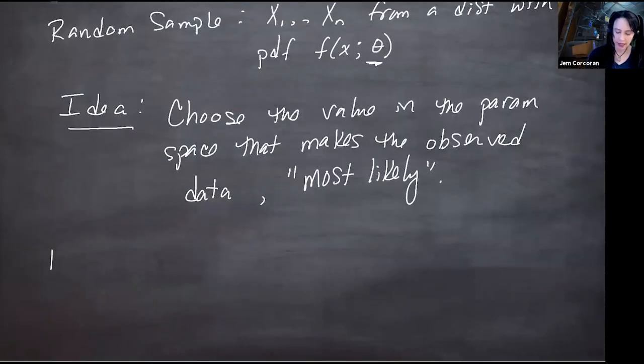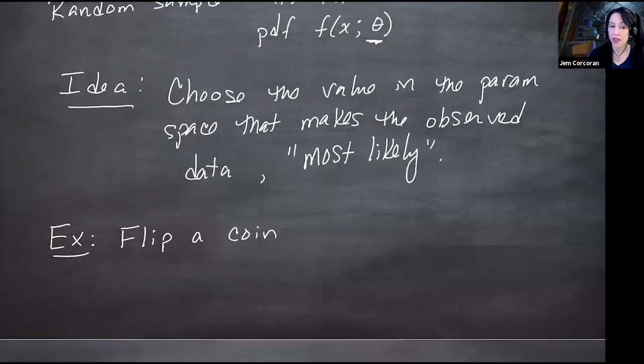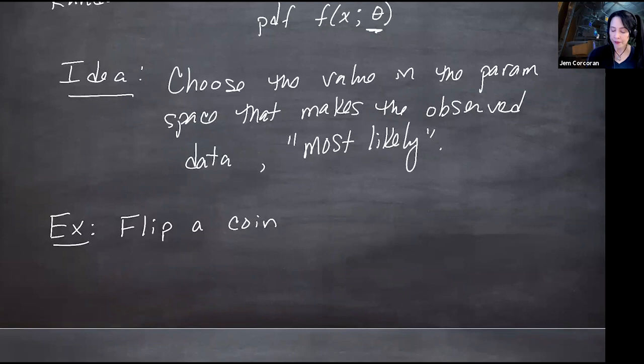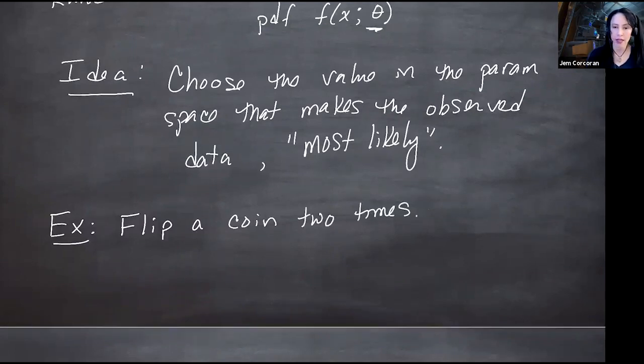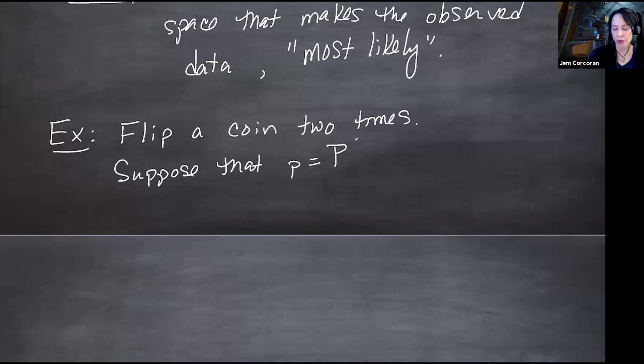So here is a kind of silly, motivating example. I'm going to flip a coin, and note that I'm not saying a fair coin. I'm going to flip a coin 2 times, and suppose that the parameter little p is the probability you get heads on the coin on any one flip.